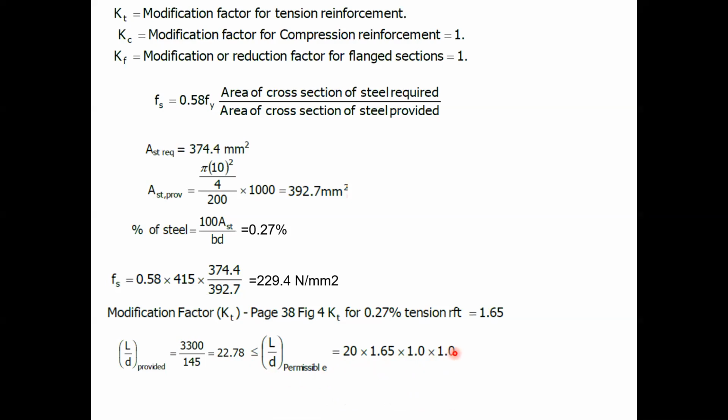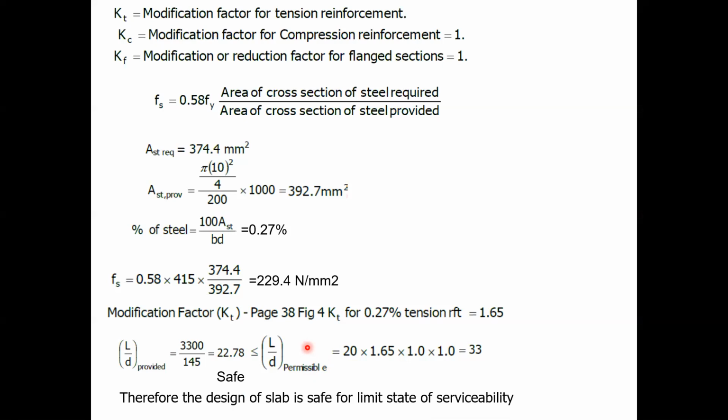So how much will you get? 33, sir. Okay, so you'll get 33. Whether it is safe or not? Safe, sir. Okay. Take down. Therefore, the design of slab is safe for limit state of serviceability.